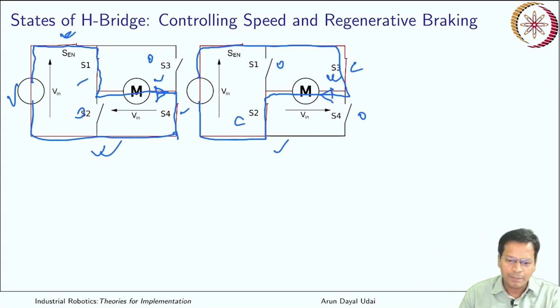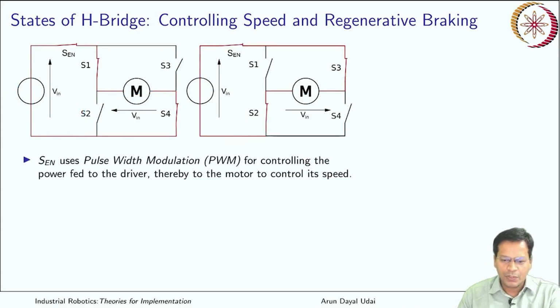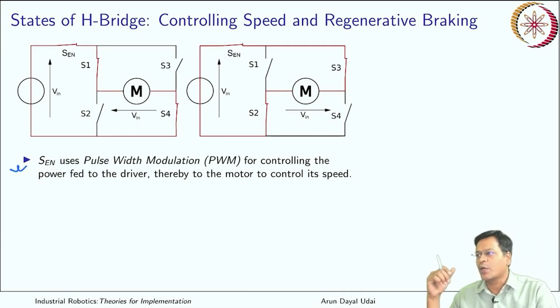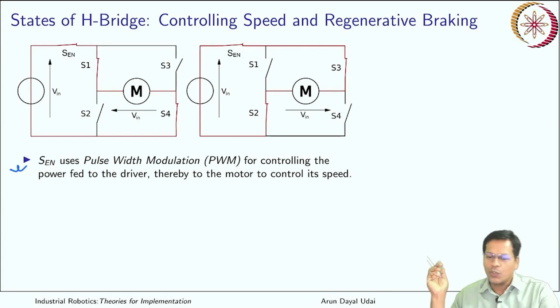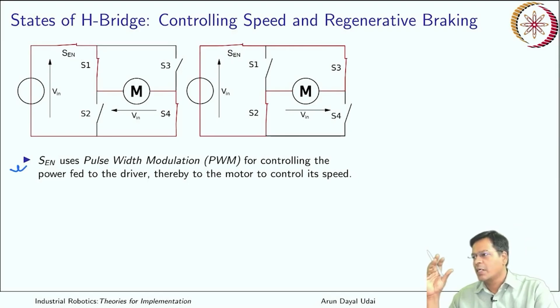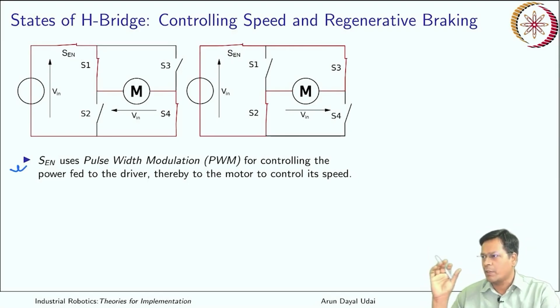Now how to control the speed of your DC motor? In this case, you can use the enable switch, which uses PWM for controlling the power that is fed to the driver. If you reduce the voltage across your terminals, that can reduce the speed of your motor.